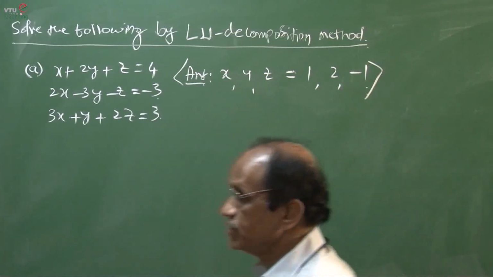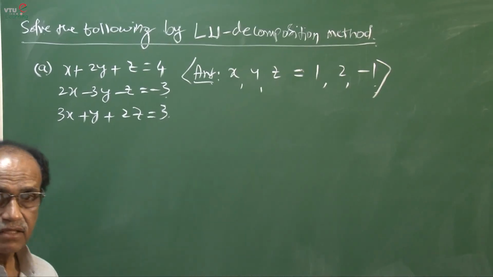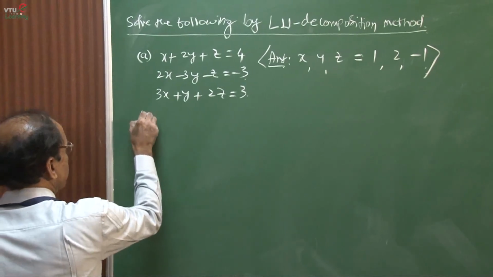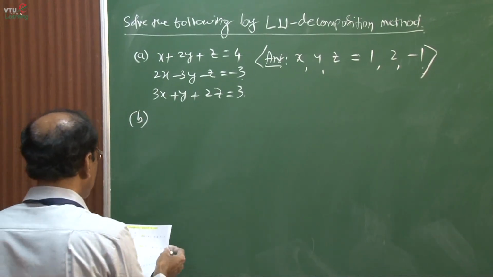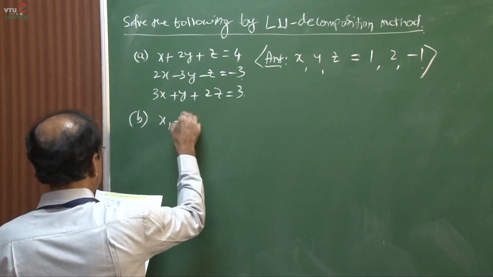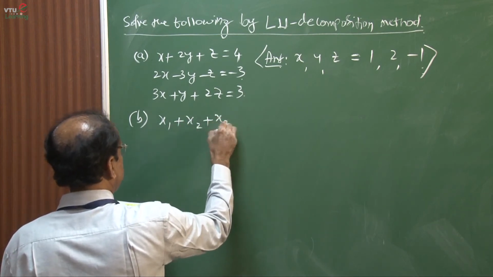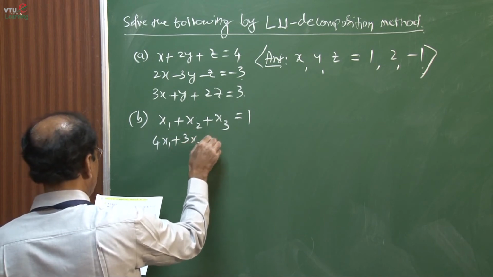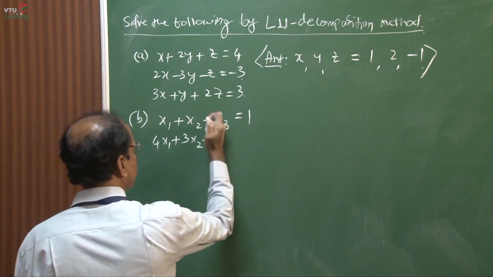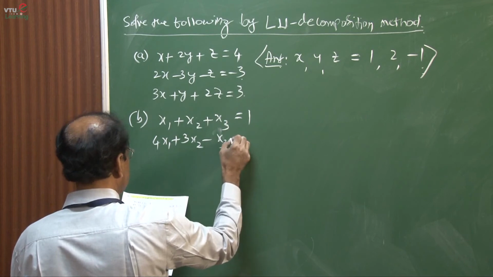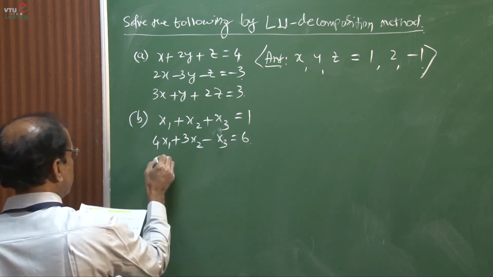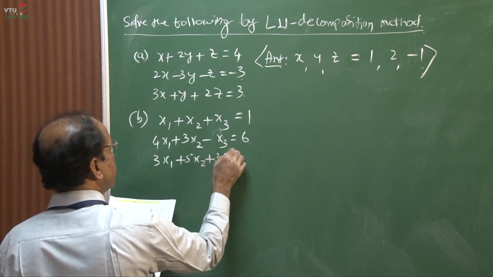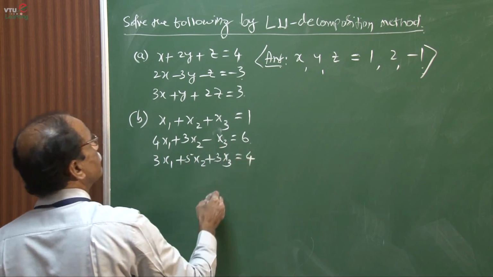If there is any change, then you can notice in which step it is wrong and what the change in the answer is. Next problem: x1 plus x2 plus x3 equal to 1, 4x1 plus 3x2 minus x3 equal to 6, and 3x1 plus 5x2 plus 3x3 equal to 4.